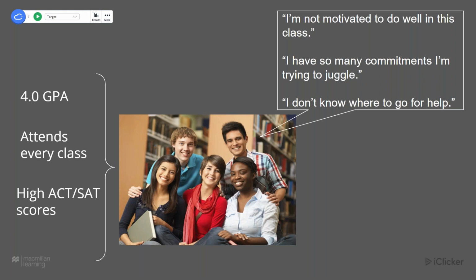Remember the cat and the lion back there? Their perceptions of the institution, their perceptions of your class, and their world. So this student here, even though he's 4.0, he's not motivated in your class, and he's overly committed, and he just doesn't even know where to go for help.